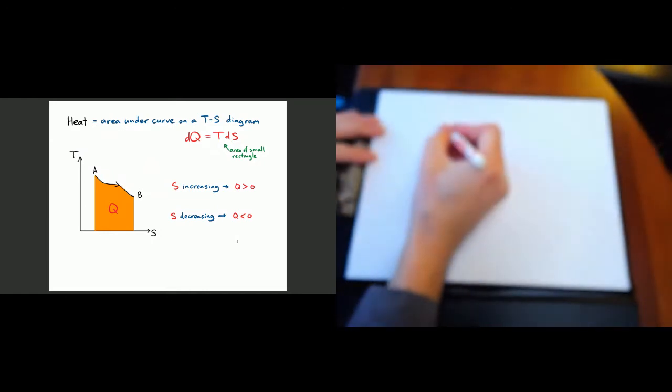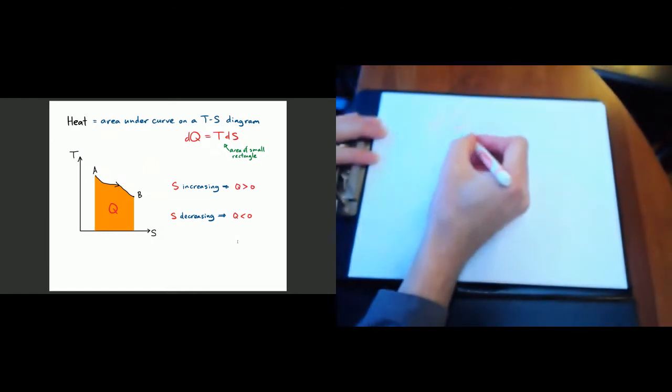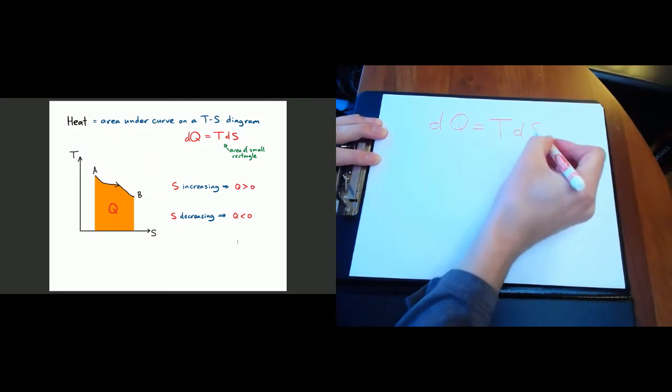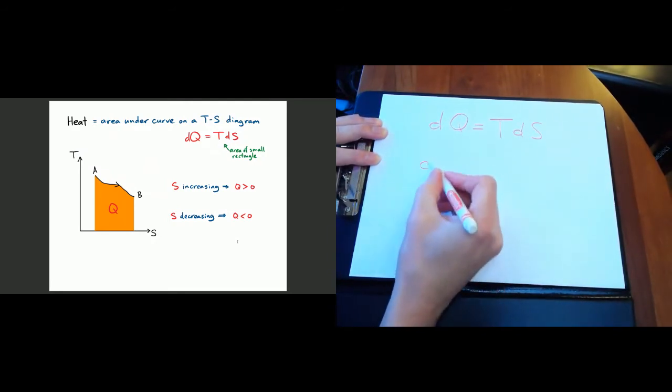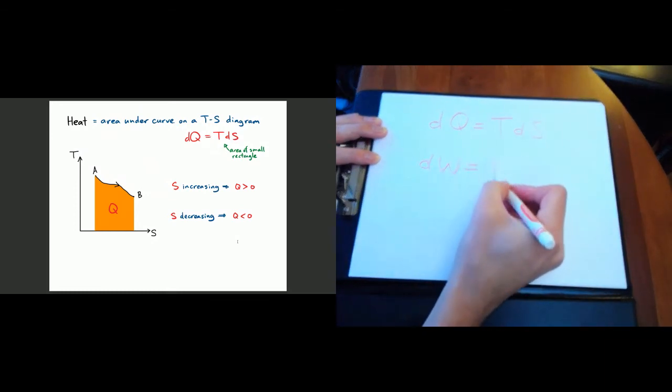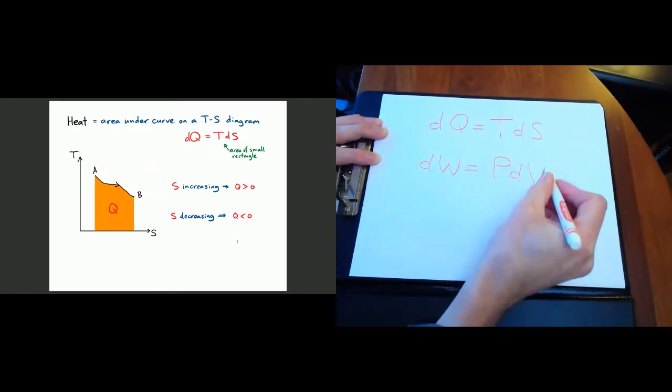What we just learned is that by rearranging our formula for changes in entropy, we can write that dQ is T dS. And this is reminiscent of the formula that dW equals P dV.